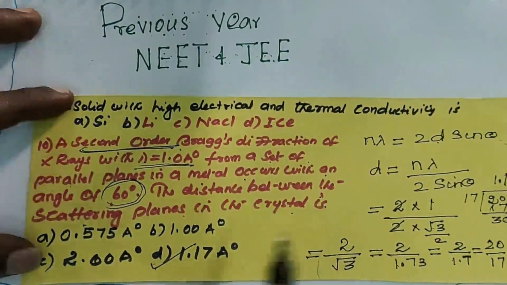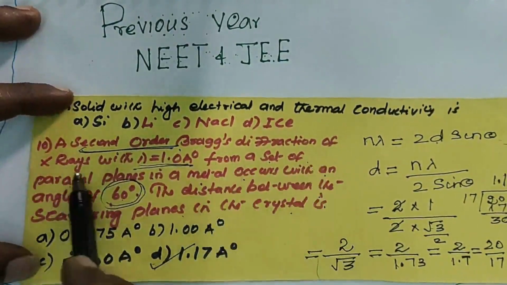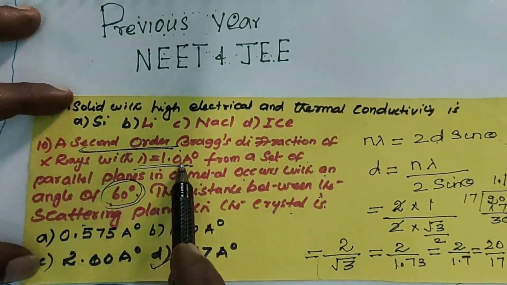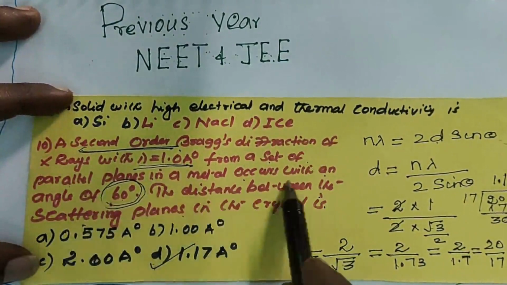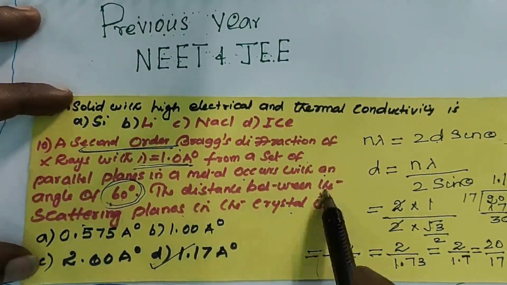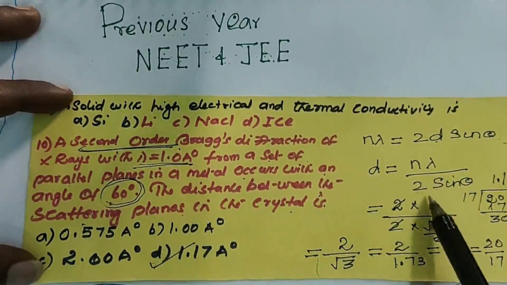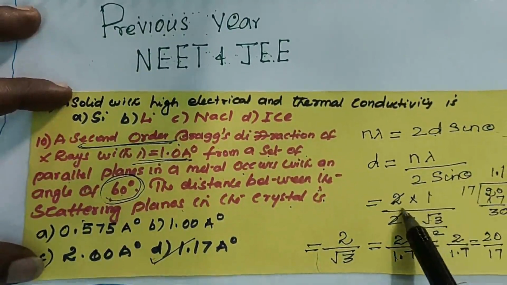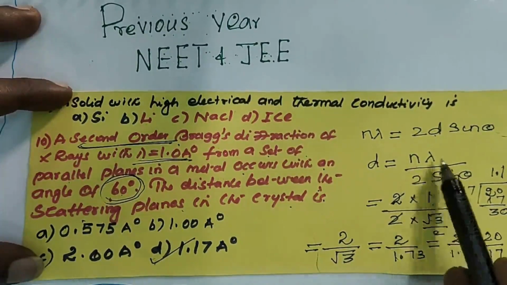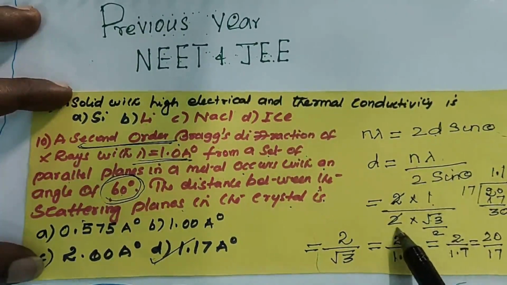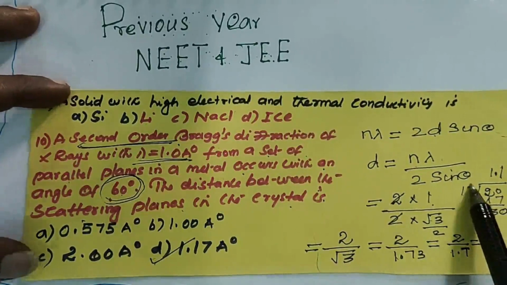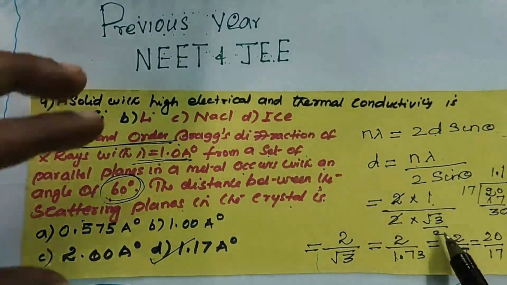So, a second order Bragg's diffraction of X-ray with the wavelength given from a set of parallel planes in a metal occurs with the angle of 60 degrees; find the distance. So n lambda is equal to 2d sin theta, and d is equal to n lambda divided by 2 sin theta. So 2 into 1 divided by 2 into sin 60, root 3 by 2.